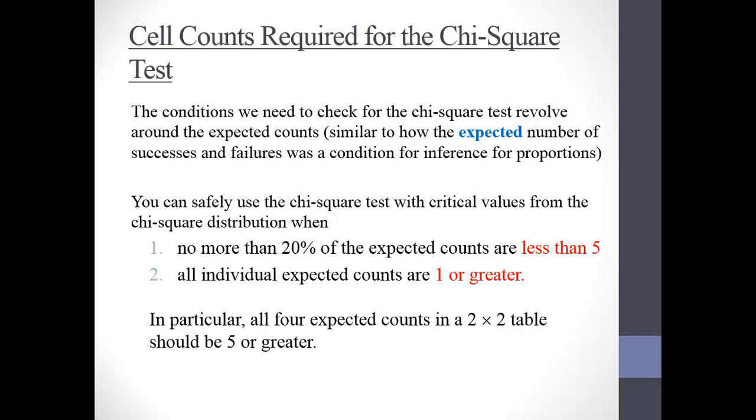Again, we definitely want to have a random sample. That one's still here, but the small enough and large enough conditions are now gone, and we just have this. So we can safely use this test when no more than 20% of the expected counts are less than 5, and all the individual expected counts are at least 1. So make sure we have no zeros in the table.